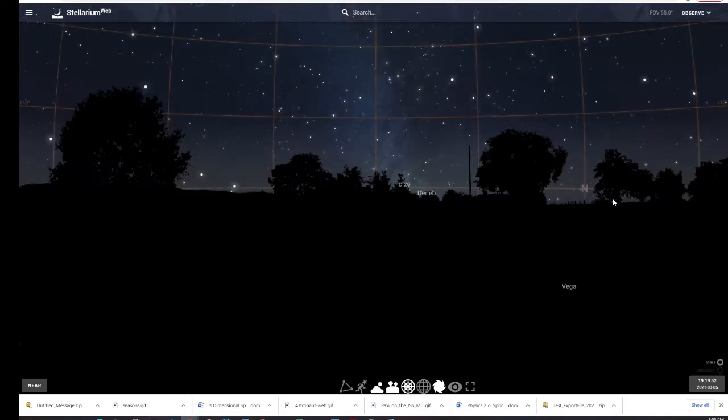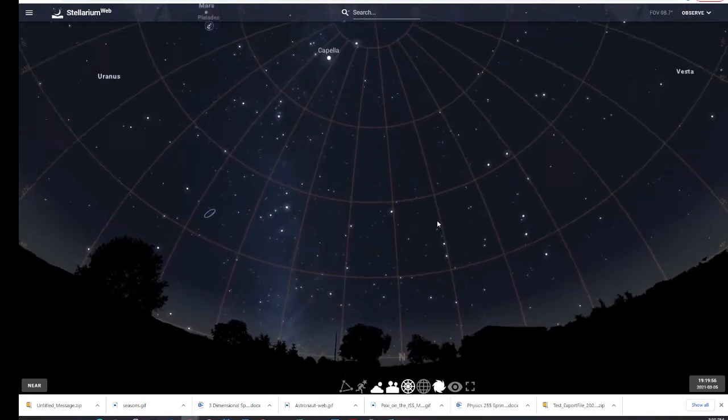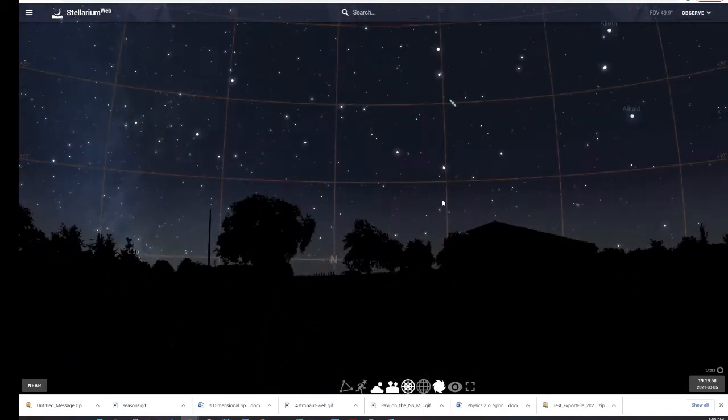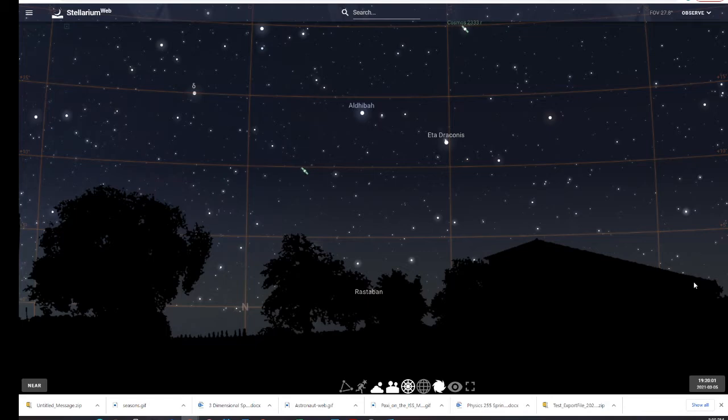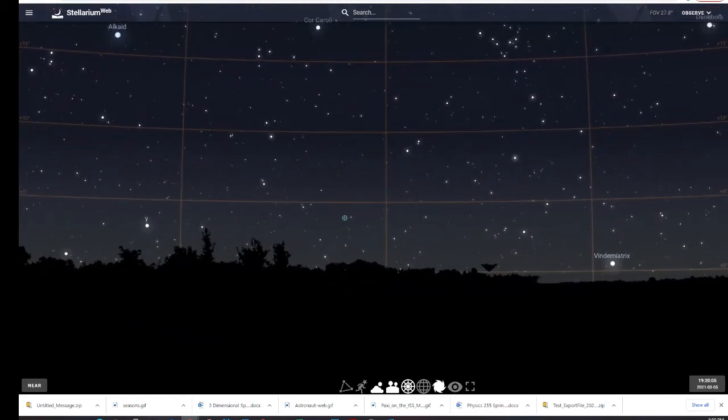So also notice that the altitude lines start at 0 around your horizon. Over here on the right side of the screen are the lines for altitude, right?